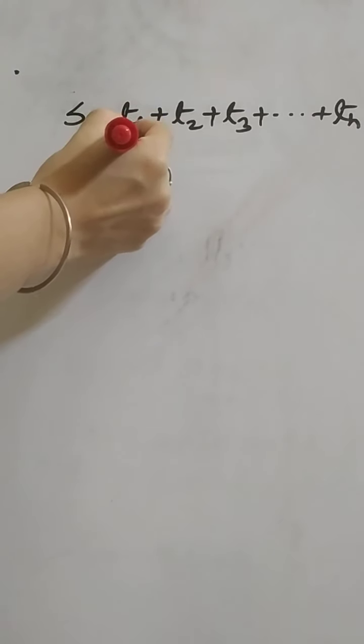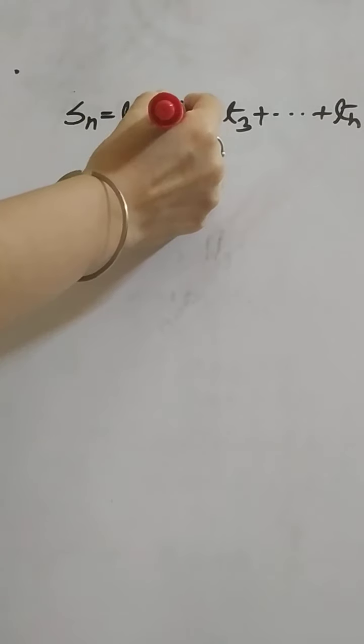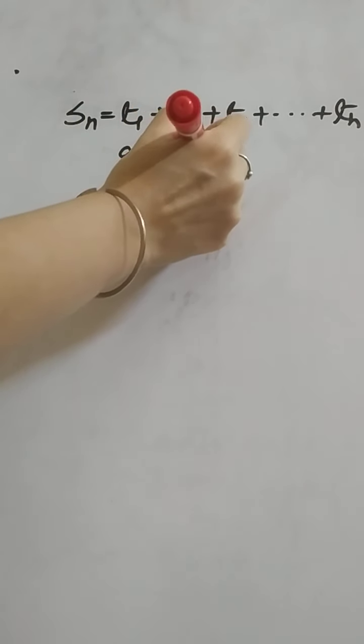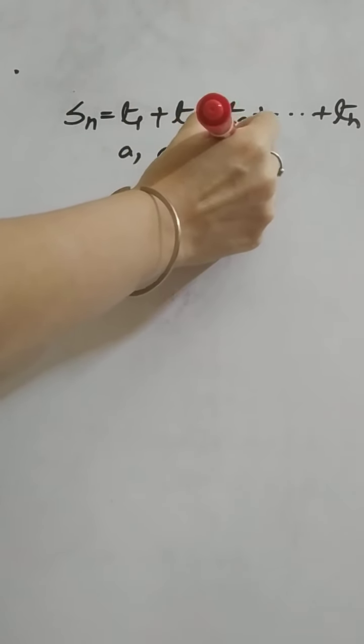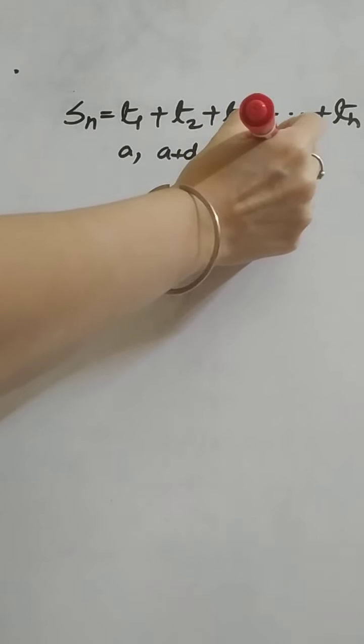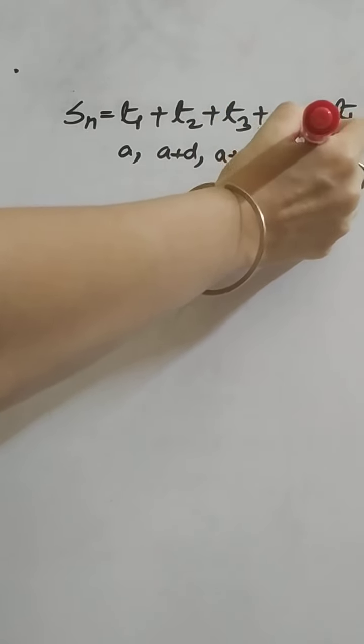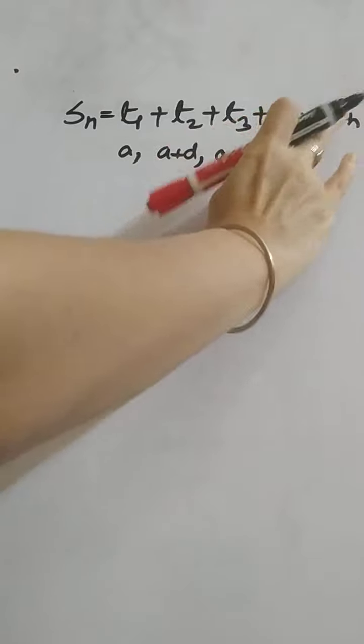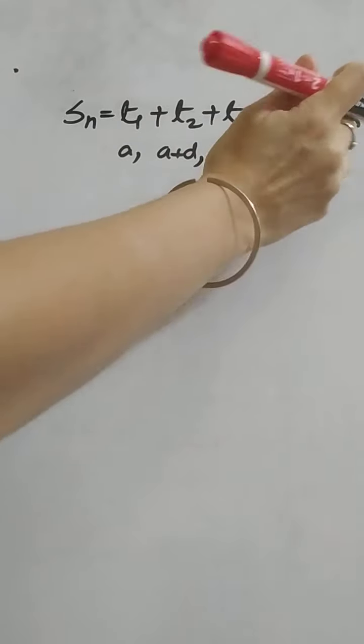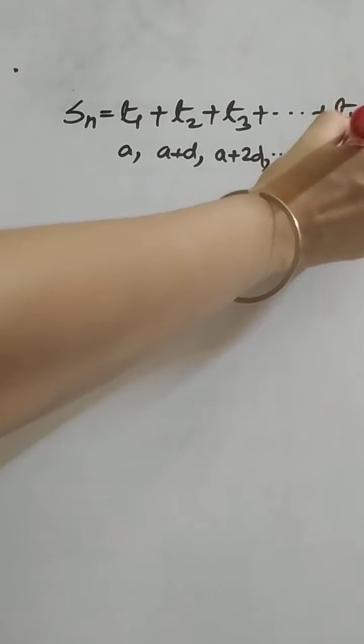We know T1 will be A, T2 will be A plus D, T3 will be A plus 2D and so on. We know the last term also. Here suppose I write the last term as L.